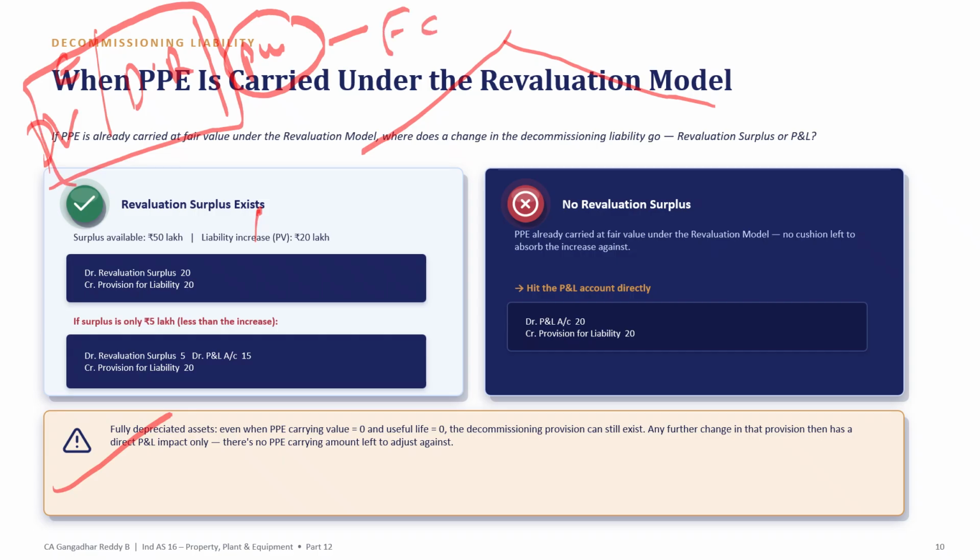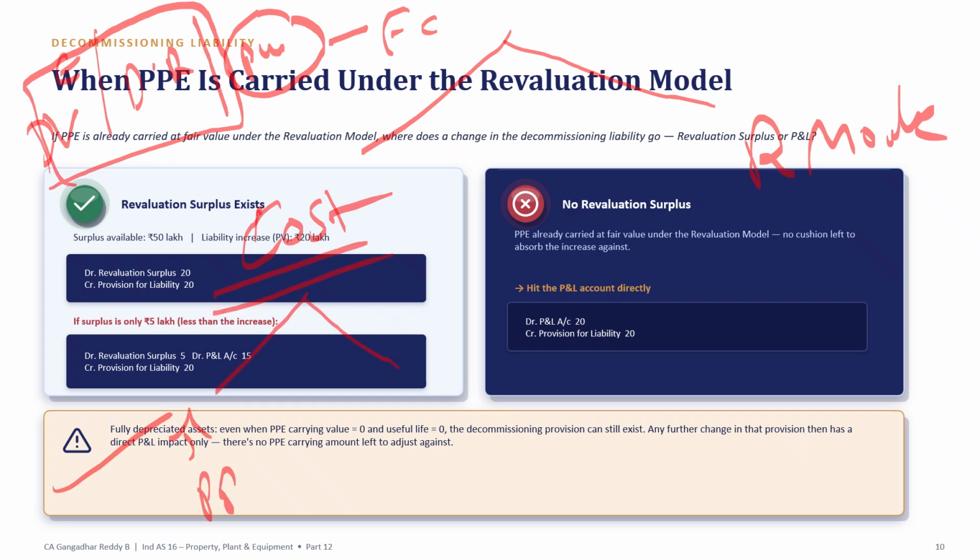If it is due to a change in the estimates and so on, then we need to see whether we are following the cost model or the revaluation model. If you are following the cost model, if the decommissioning liability increases, the PPE will increase. If the decommissioning liability decreases, the PPE will decrease. If the PPE value is less than the decrease amount, that will affect the P&L account as a direct cost.